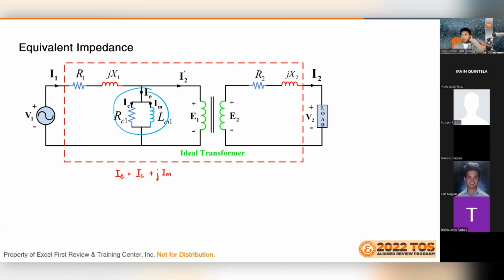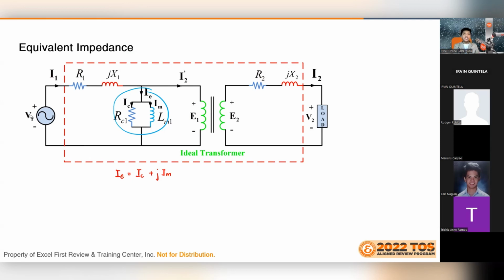Now, this one is your ideal transformer. And typically, for us to get the resistances, we are assigning these values to the other side or ito sa kabilang side, no? To make a point, gagawin ko siyang P. So let's name this one E sub P. Oo, tama.